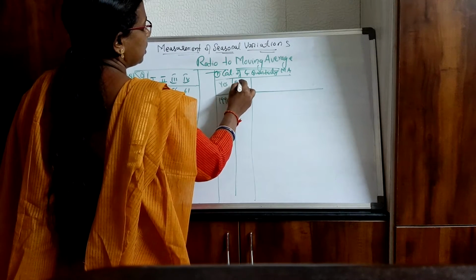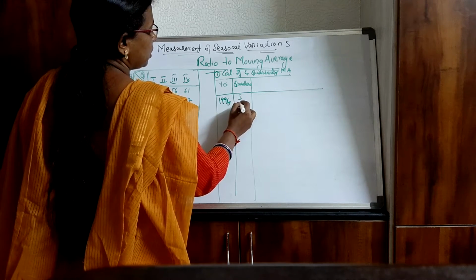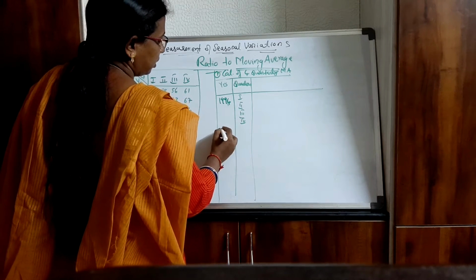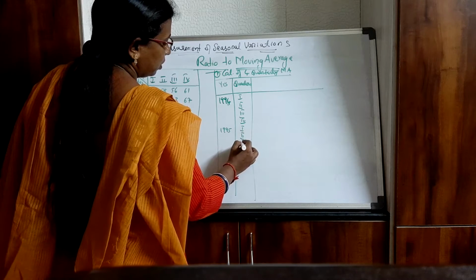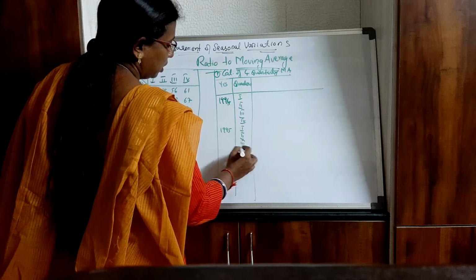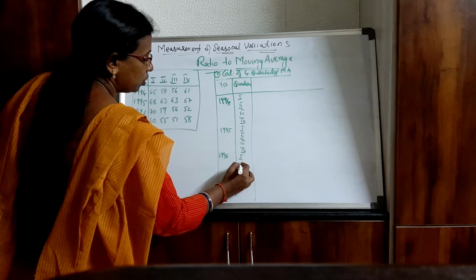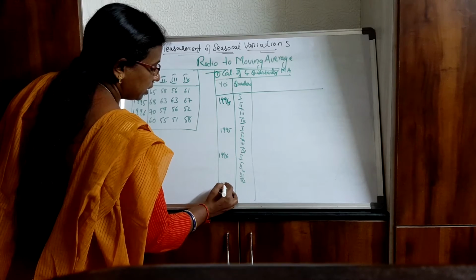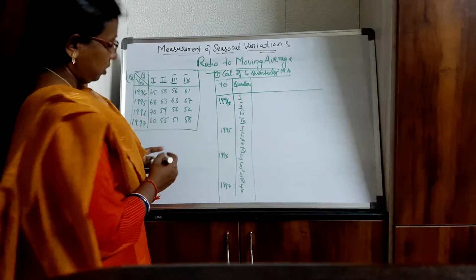Then you have quarters here. In 94 you will have 4 quarters, first, second, third and fourth. Like that, in 1995 you will have 1, 2, 3 and 4. Then 1996 you will have 1, 2, 3, 4. Likewise 1997.